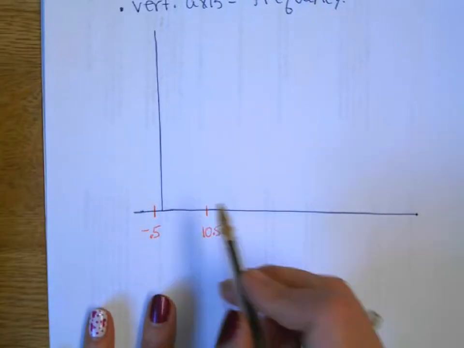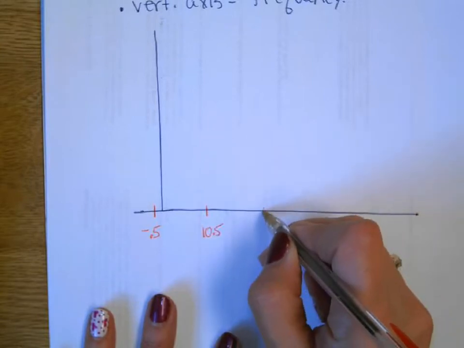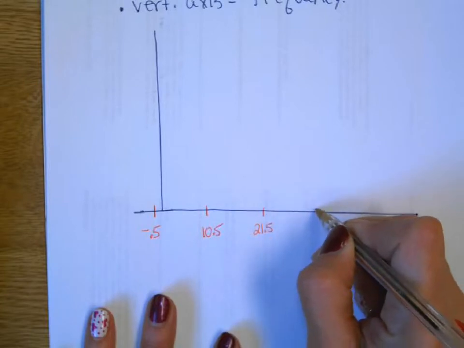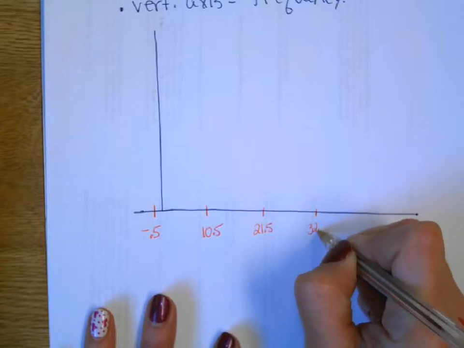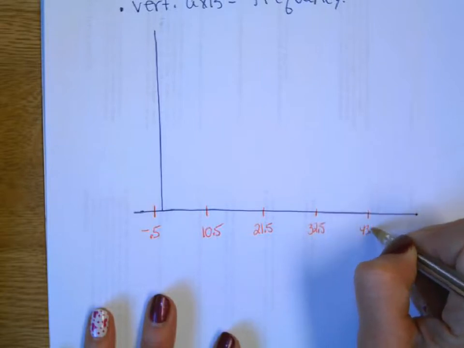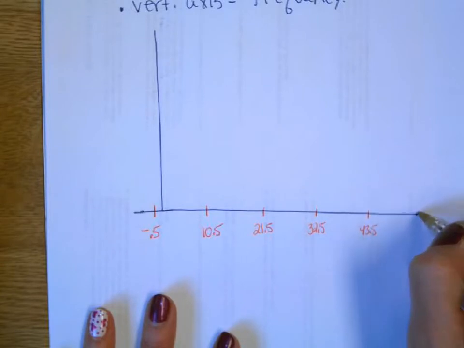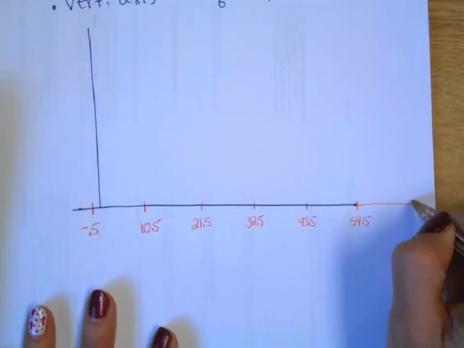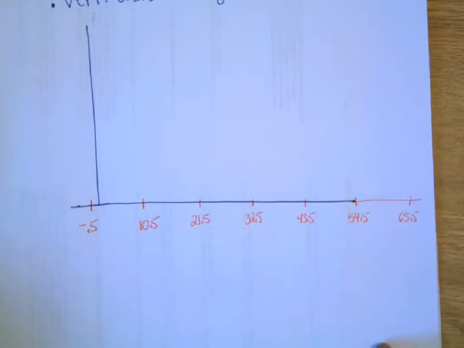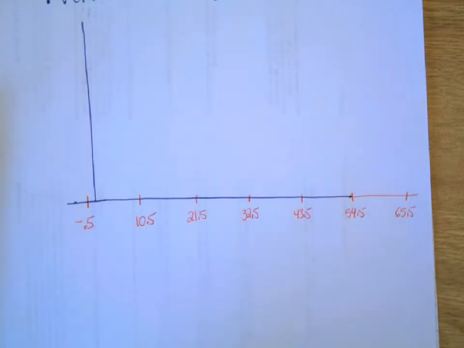So my second class goes from 10.5 to 21.5. Next one goes 21.5 to 32.5, and then to 43.5, 54.5, and 65.5. So those are going to be the edges of my bars for my classes.